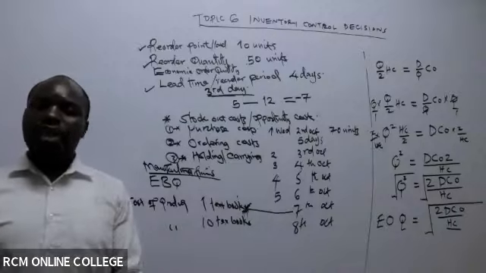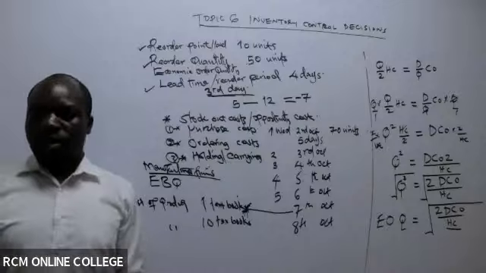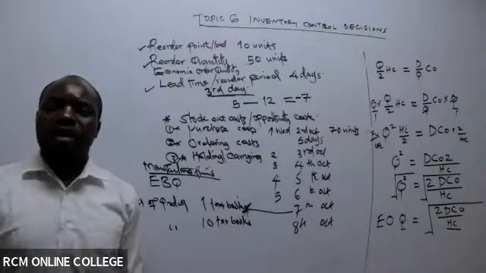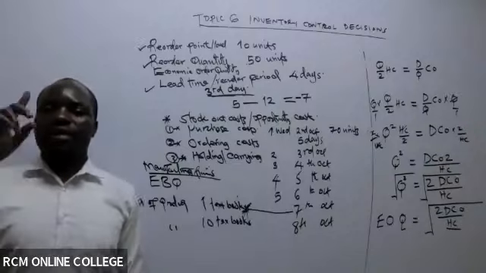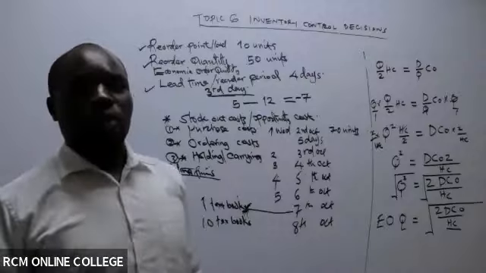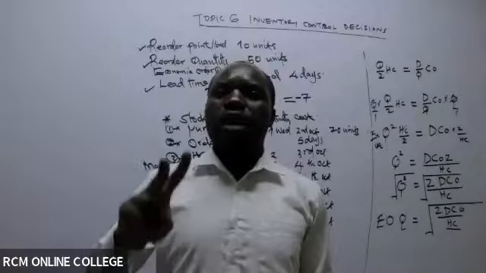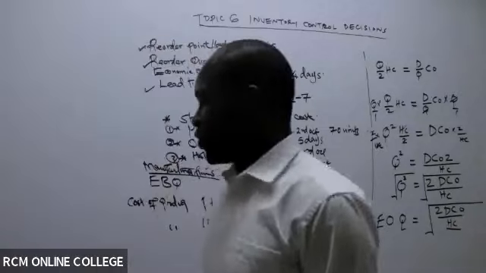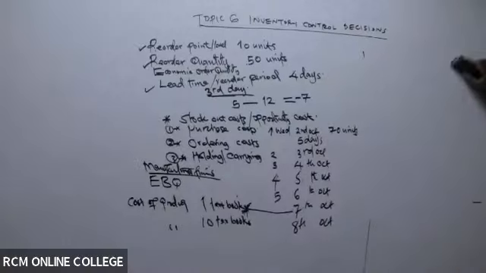So those who did intermediate level management accounting, in reference to topic number 7, that is marginal and absorption costing. Under that particular topic, we were discussing something to do with the cost of production. We had two methods, the marginal costing system and the absorption costing system.